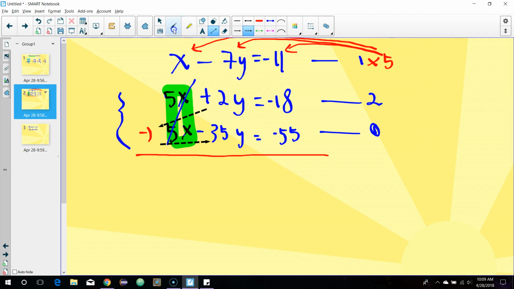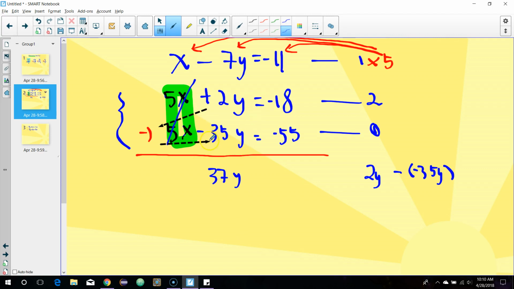So as I said in class, if you are not certain about this, just write that out: 2y minus a negative 35y. If you write this out, instead of doing it in your head, it should be okay. You may need to use a calculator for this. If you do, make sure you type everything correctly. This should turn out to be a positive 37y.